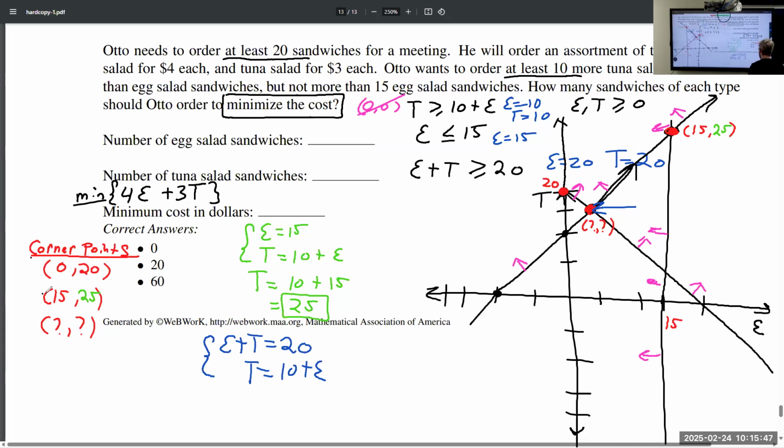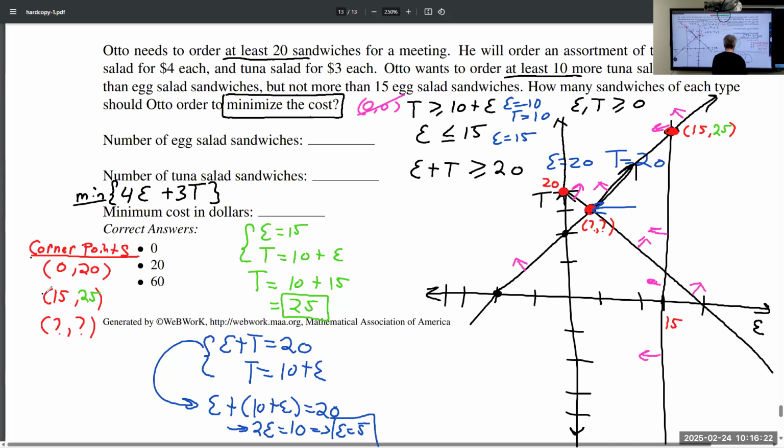And then I could just solve for egg, because I know that tuna is 10 plus egg. So that's egg plus 10 plus egg equals 20. Now it looks like egg would equal 5. If egg equals 5, tuna equals 15.